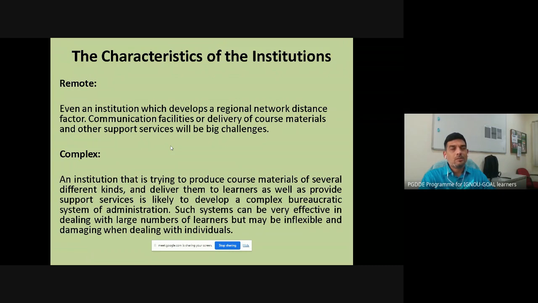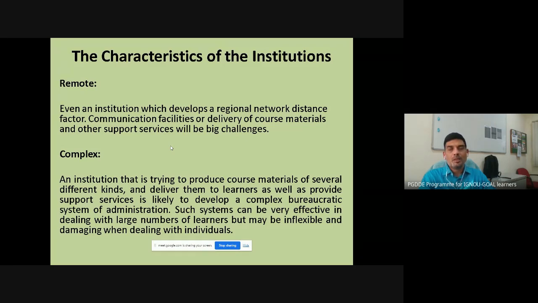Actually, see, as we had already discussed, the institutions may be having the decentralized model or centralized model. They may be having many regional centers, study center structures, and different units for student support through equal opportunity cells, grievance cells, or administrative support, or academic support.